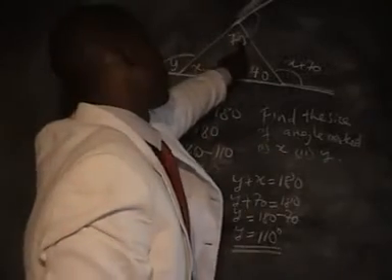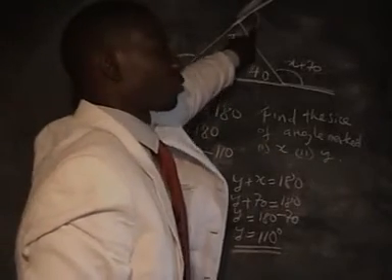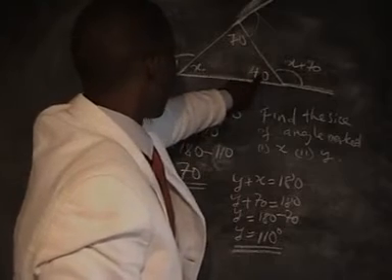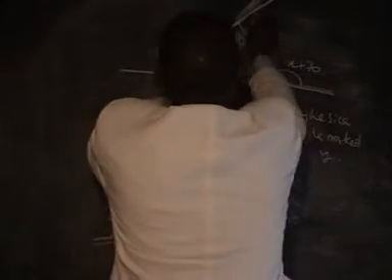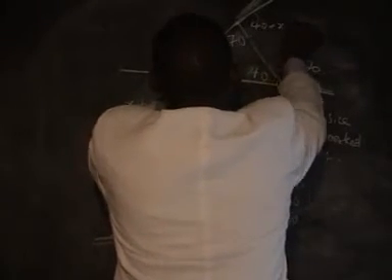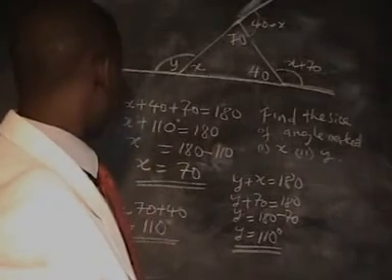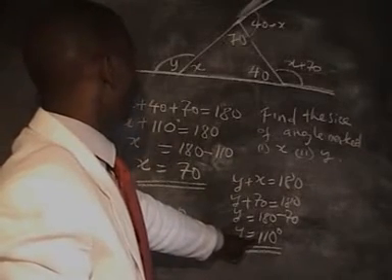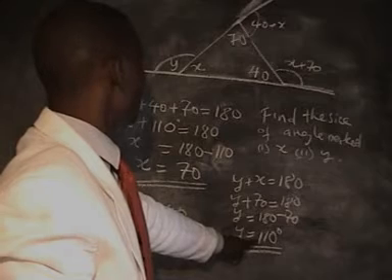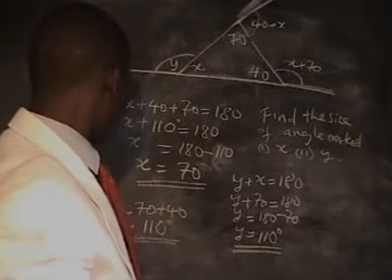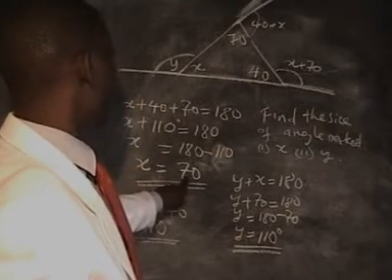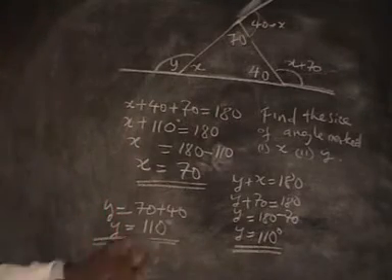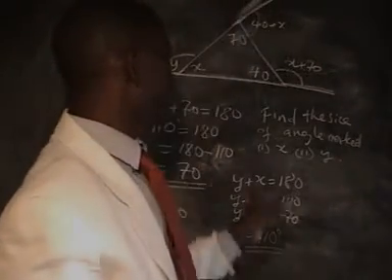Instead of subtracting this 70 from 180 to get 110, all I need to do is cover this 70 and add 40 plus X. Since X is obtained to be 70, 40 plus 70 gives you 110. The same applies if you consider a straight line like that.